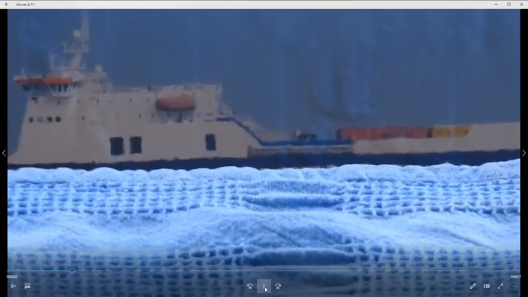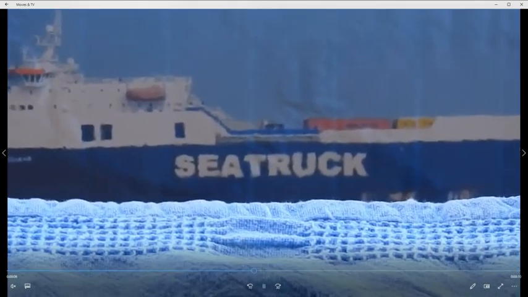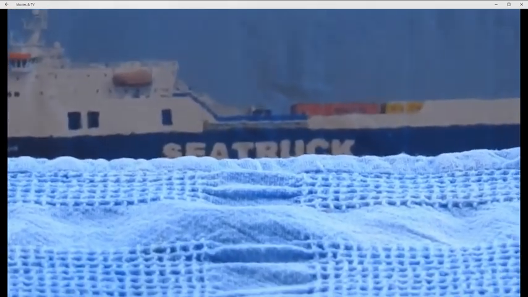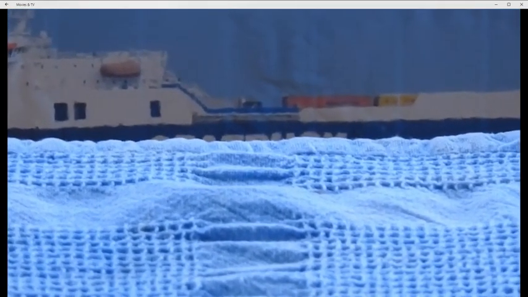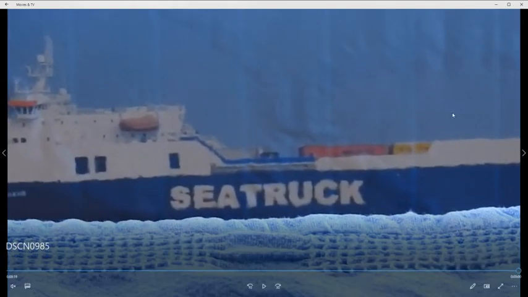Now here's a video taken where you can see the sea in front of the ship, and as we change the observer height, the sea level will go down in relation to the ship. You can see more ship, and come lower observer height, and the water level comes up, just like what happens in real life.